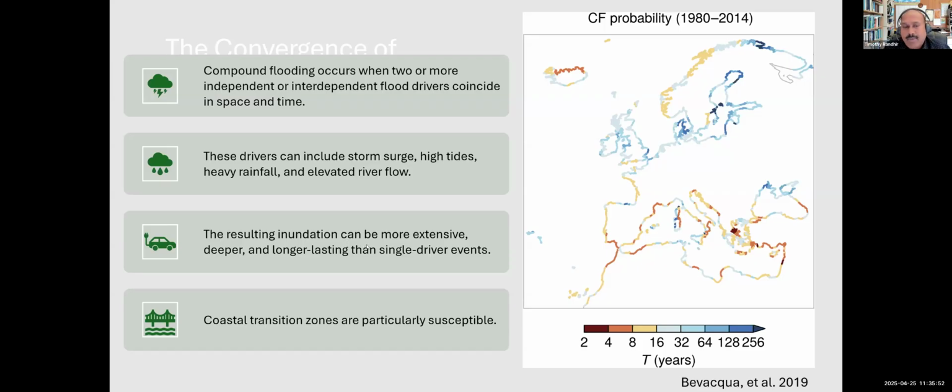Sometimes these can be very extensive and long-lasting, and compound floods can be more impactful than single-driver events. Coastal transitional zones are highly vulnerable in those conditions. On the right are compound flooding probability estimates through modeling in northern Europe.